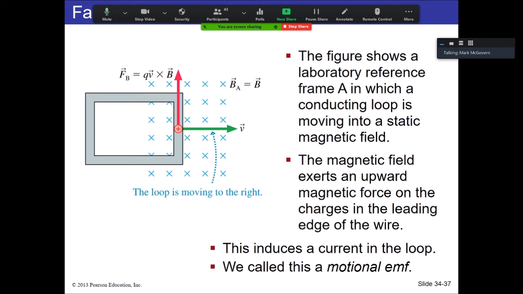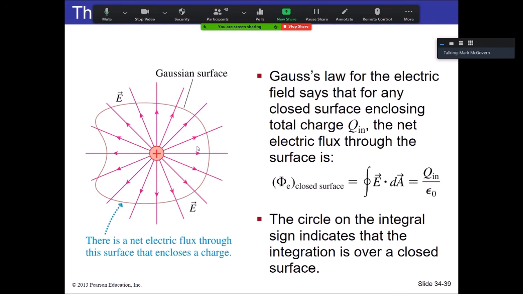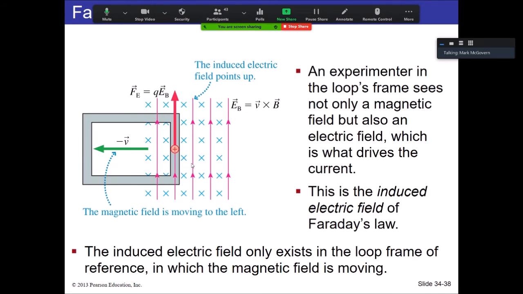That, however, is going to create a current in the loop. So the motion is creating an electric field as well, and that electric field points upward in order for these charges to move. If you're in the reference frame of this conducting loop, you say, I see the magnetic field, but I also see an electric field, and that pushes those charges up. So that's how that part gets resolved.